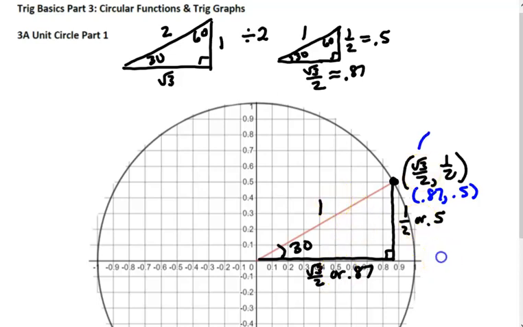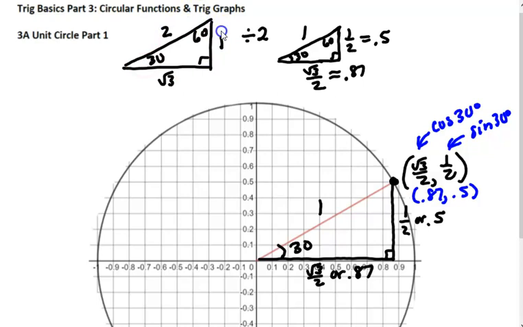So these two values actually tell me the cosine and sine of the angle. So this is cosine of 30, and this number is sine of 30. We also know that from our original 30, 60, 90 right triangle, the sine of 30 would be opposite over hypotenuse, 1 over 2, and cosine of 30 would be adjacent over hypotenuse, square root of 3 over 2.